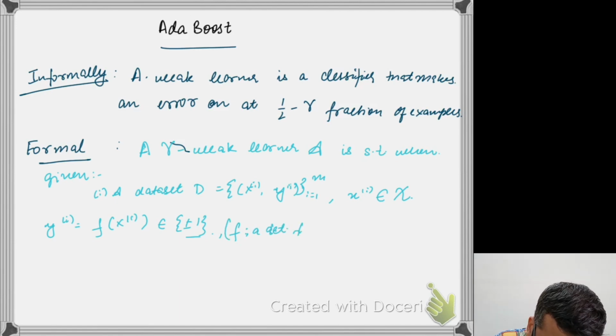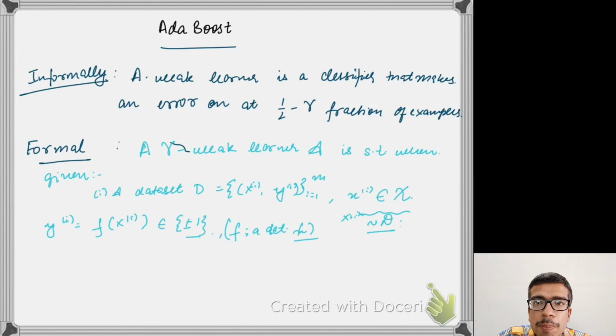So we are assuming that there is a deterministic labeler which has labeled all these examples yi as f of xi, and these examples came from this set, and were sampled from a distribution curly D. So there is some distribution from which you sample your points, and then you have a labeling function which labels all these points, and this is how you have produced your data set. This is the first thing which is given to this algorithm.